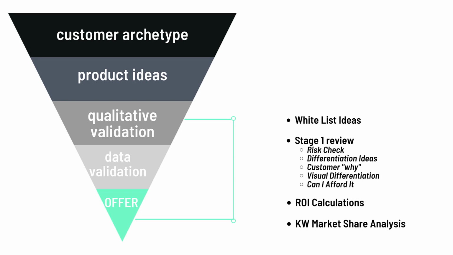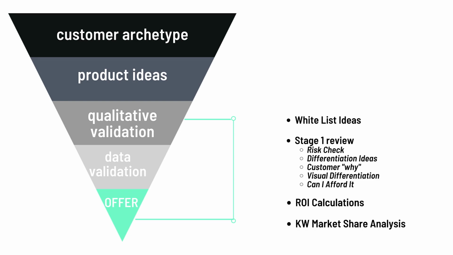So what are the differentiators that we have in our heads for this particular concept, and does that pass the sniff test of what could be compelling in the marketplace? We want to answer the customer why question, which is really just as simple as, why would a customer buy this potential differentiated offer? And if you can't answer that in a compelling way, probably not a good idea to pursue.